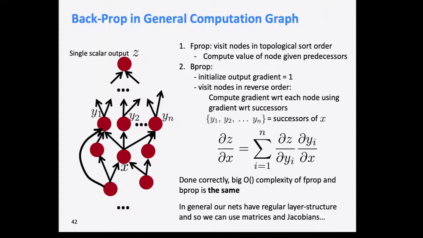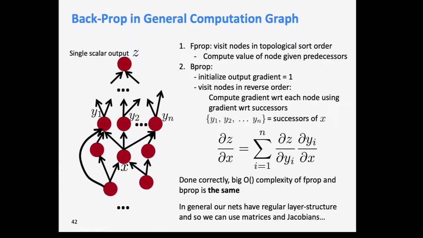Okay, so then after that, we do our backward pass. For the backward pass, we initialize the output gradient with 1. The top thing is always 1, the partial of z with respect to z. And then we go through the nodes in reverse topological sort.